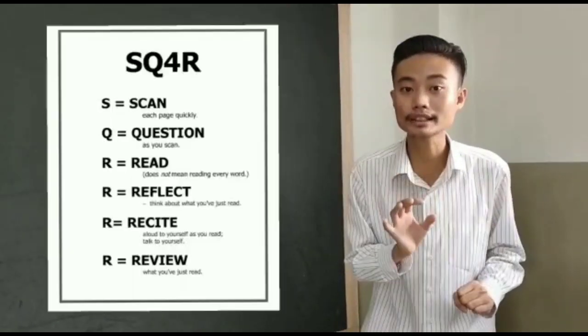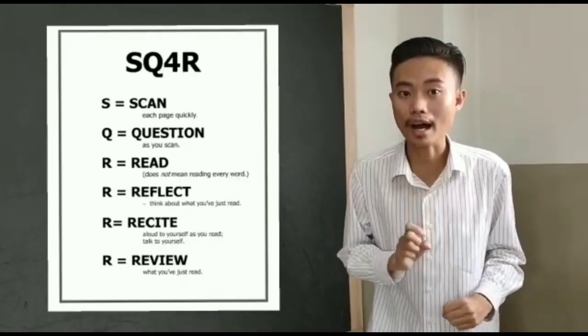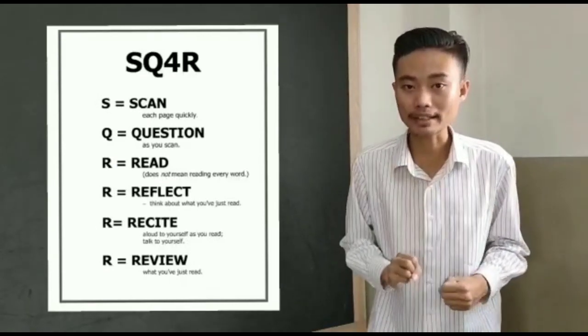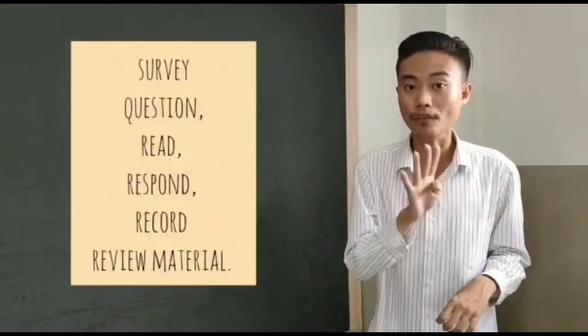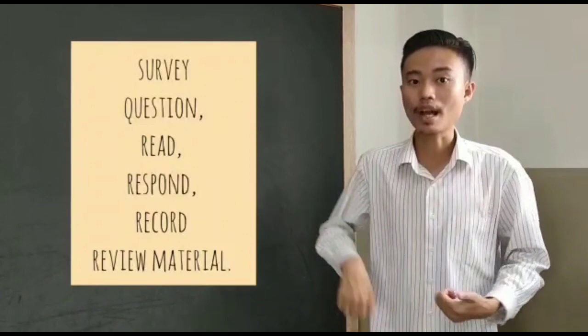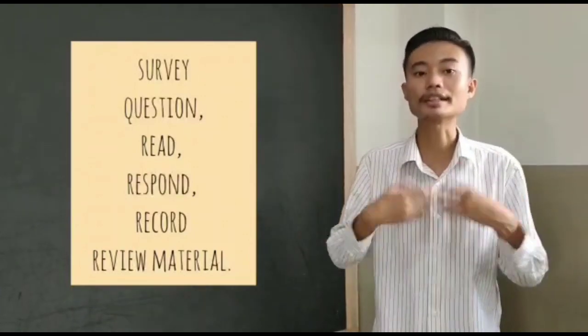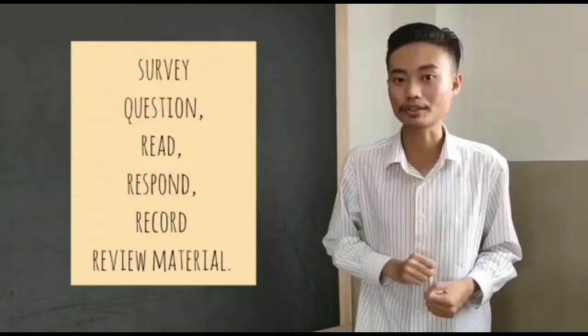In order to know the elements of academic reading, we can use the SQ4R method. The SQ4R method is a method that identifies the components of active reading and provides a guide for navigation among them. SQ4R prompts a reader to survey, question, read, respond, recall, and review the materials in academic reading.